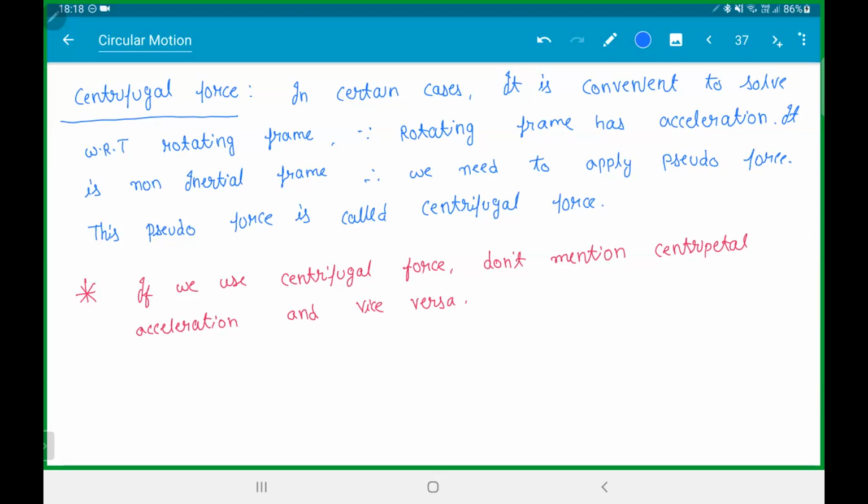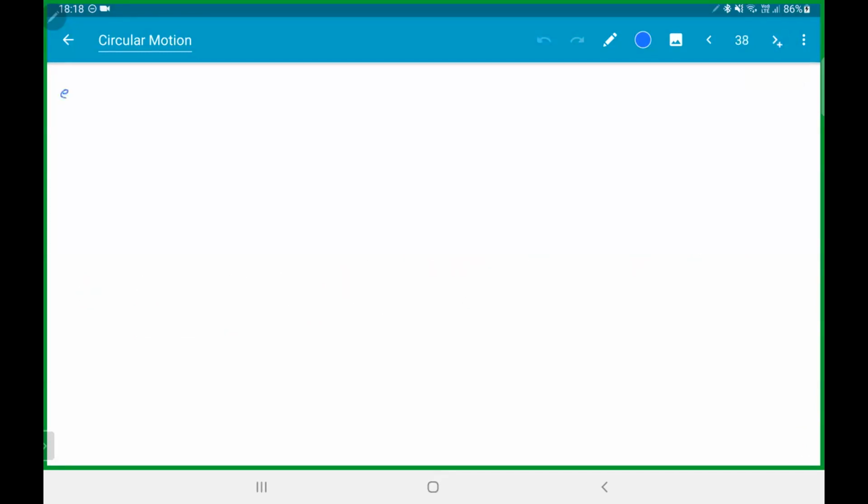Clear? Let me show an example. Now listen carefully. You got this, you understand what the centripetal and centrifugal force drama is. So let's say we have a table here with a small hole.